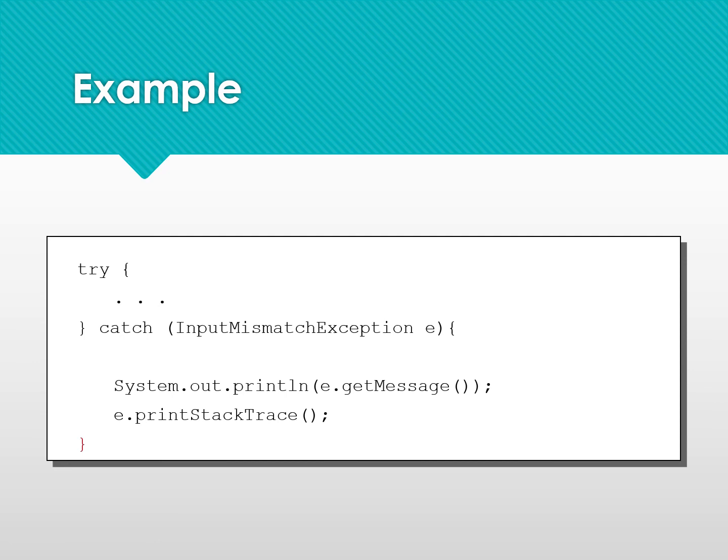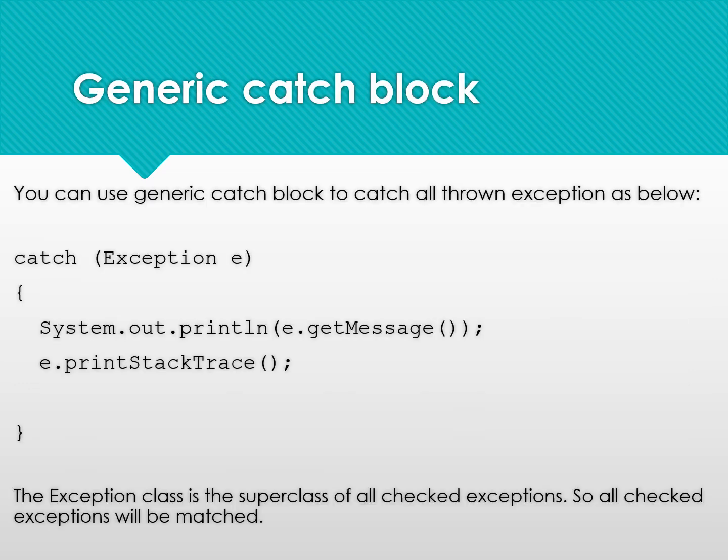It can be e, b, c, anything, so it's up to you. But if you put e here, it should be e here also. You are referring to the same object. e.getMessage. Or when you use printStackTrace, you don't have to put System.out.println, it's actually printing it out for you. So if you want to use this method, you should put e.printStackTrace. Okay, so that's how you use it.